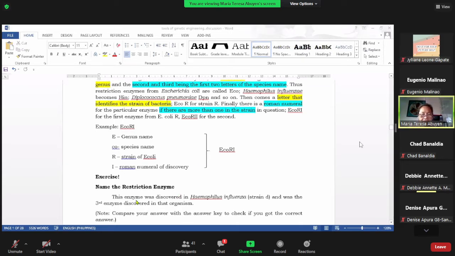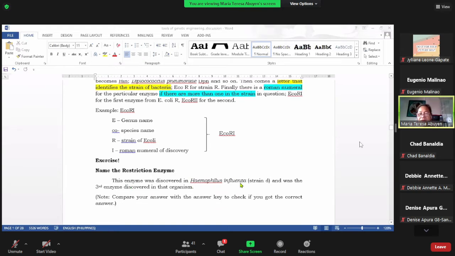Okay. Name the restriction enzyme. This enzyme was discovered in Haemophilus influenzae strain D and was the third enzyme discovered in that organism. So what will be the name of the restriction enzyme? You can write your answer directly on the monitor.